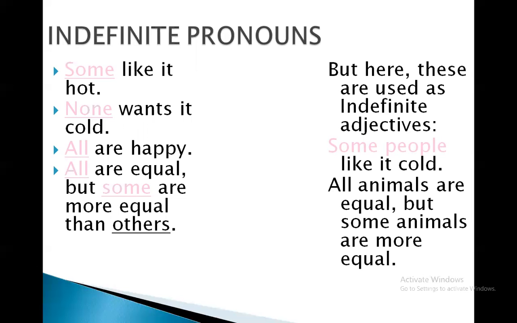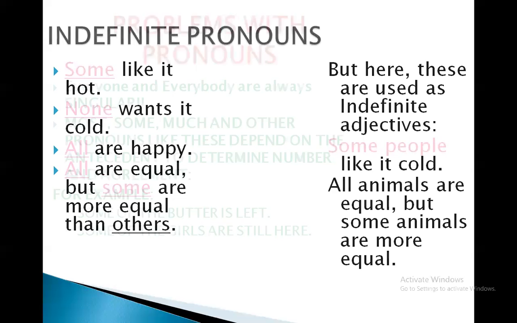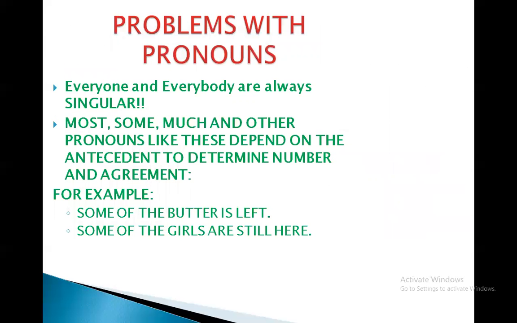There is no particular person or thing mentioned here. Problem with the pronoun: everyone and everywhere are always singular. Most, some, much, and other pronouns like these depend on the antecedent to determine number and agreement.